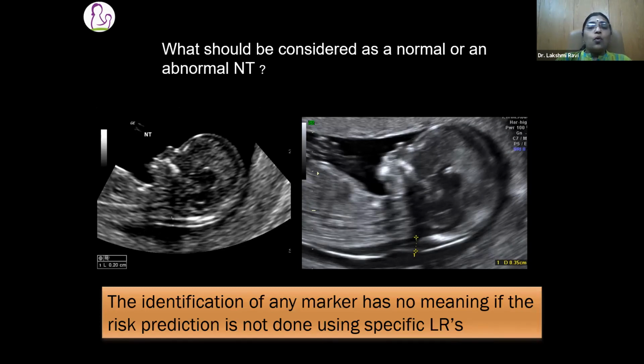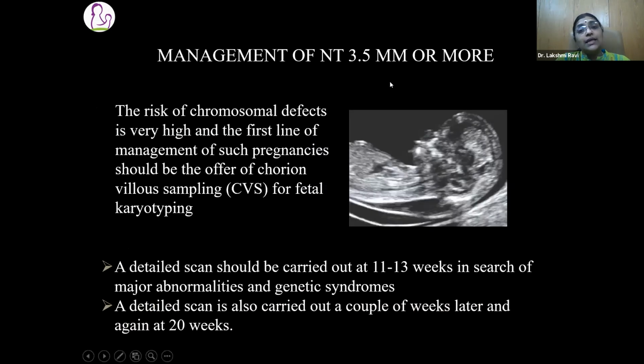Only if the nuchal translucency is 3.5 millimeters or more. Anything less than 3.5 millimeters, you simply use the number in the algorithm, and then you go ahead with predicting the risk.